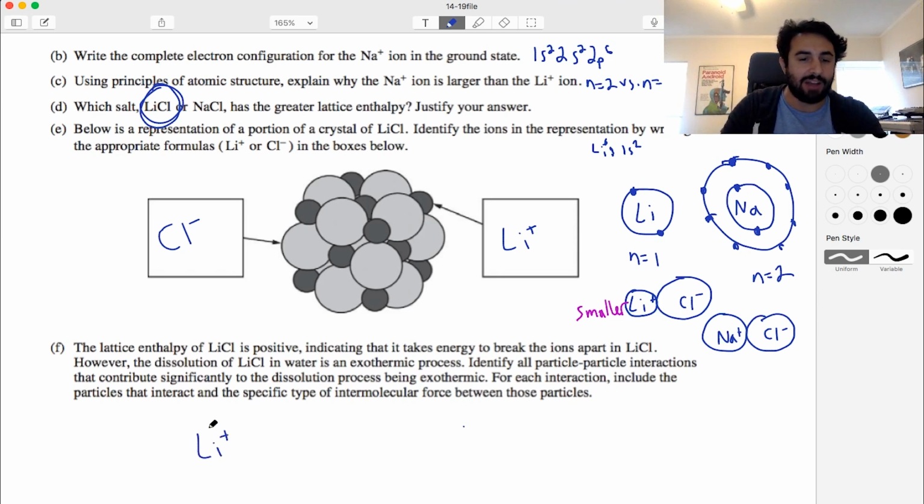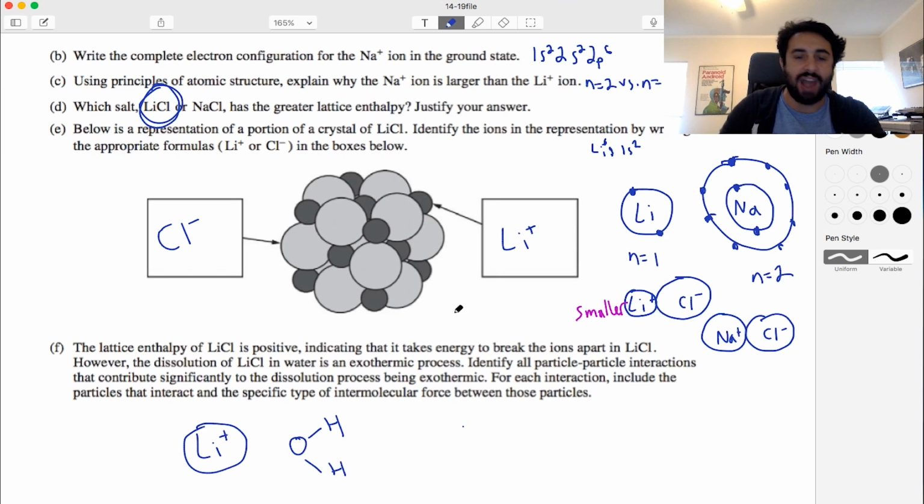So if we have Li+, what is that going to interact with in water? Well, that is going to interact with the negative end of water's dipole, right? Because plus interacts with minus, and then the chloride ion is going to instead interact with the positive end of water's dipole.